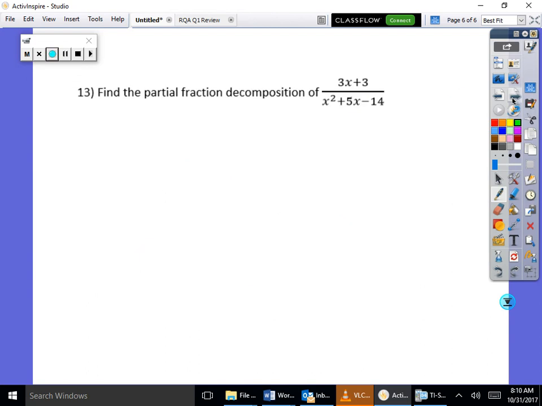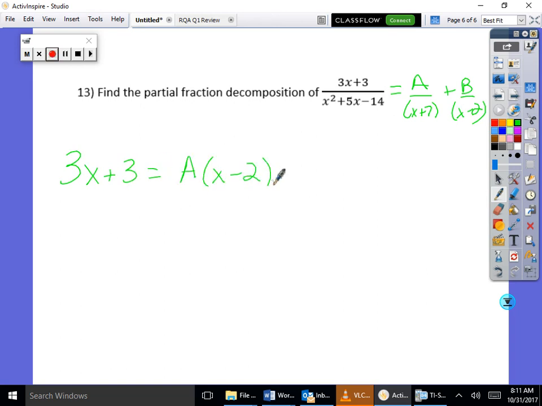First thing I need to do is factor the denominator. So that's going to give me a over plus b over. So this is x plus 7, x minus 2, yes? Crisscross. So 3x plus 3 equals a times x minus 2 plus b times x plus 7.